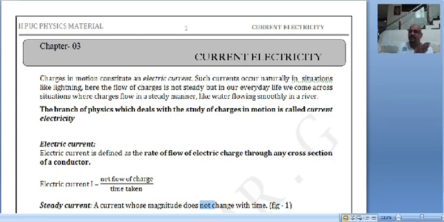Now the charges will flow from one end to the other end. So the rate of flow of electric charges through any cross section of the conductor is called current.